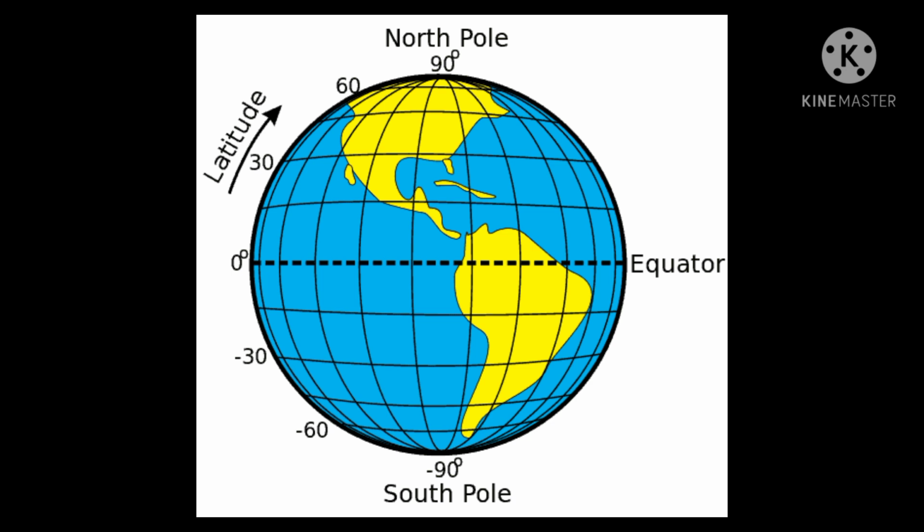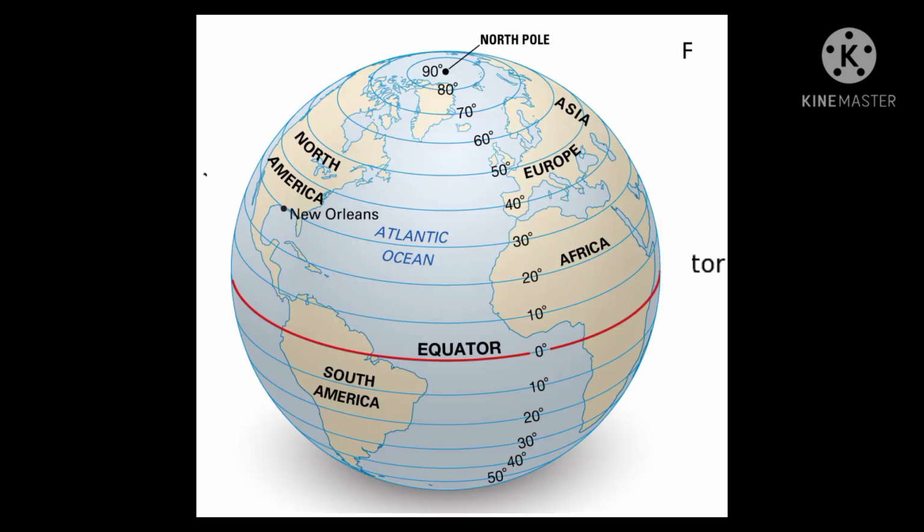There are 89 parallels in the northern hemisphere and 89 parallels in the southern hemisphere, so 180 parallels of latitude in total, including the equator.